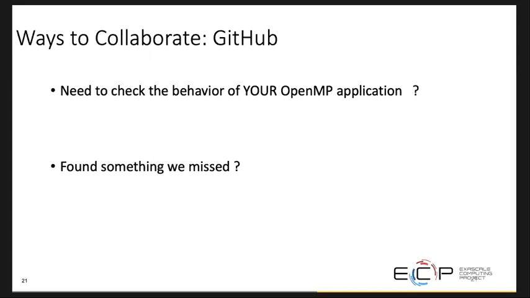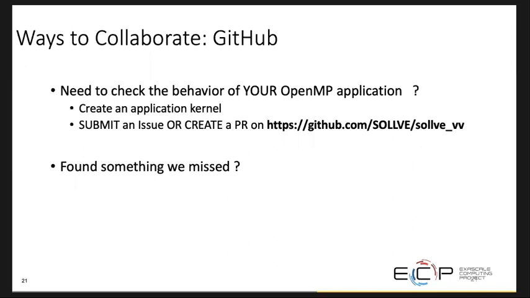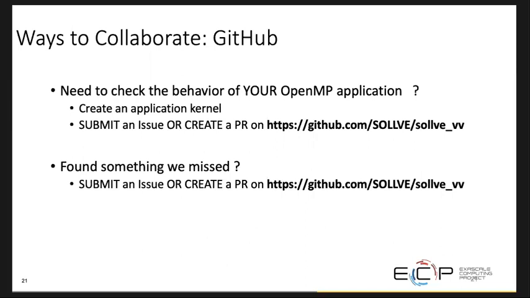So on GitHub, if you need to check the behavior of your OpenMP application, you can create an application kernel and give it to us, or create a PR, and we will review it and integrate it into the VNV if it is appropriate. If you find some issues, you find something is missing, just again create and submit an issue or PR, and we have a very responsive team, and I can assure you that it will be looked at.